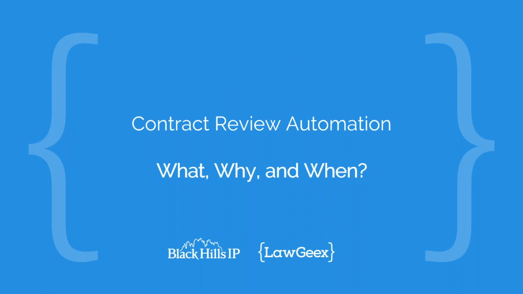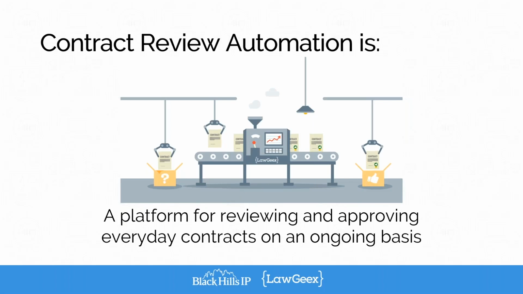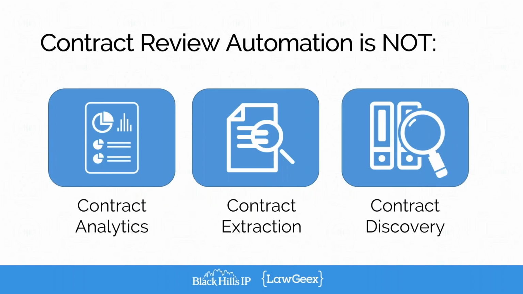We'll start with the what, why, and when. So first of all, what is contract review automation? Essentially, it's a platform for reviewing and approving everyday legal contracts on an ongoing basis. Sometimes it helps to define things by explaining what they're not. So in this case, contract review automation is not contract analytics, which gives you statistical information about your contracts.